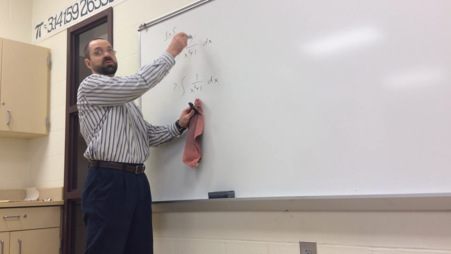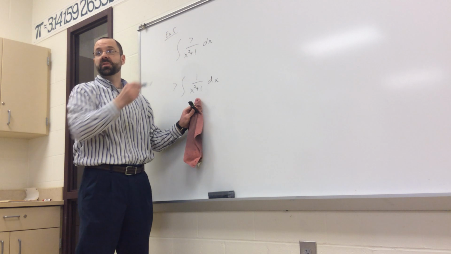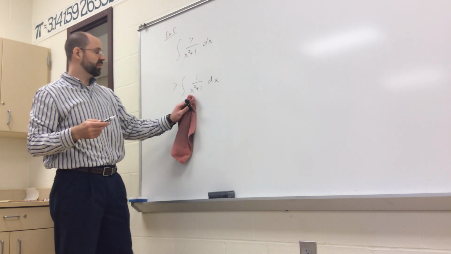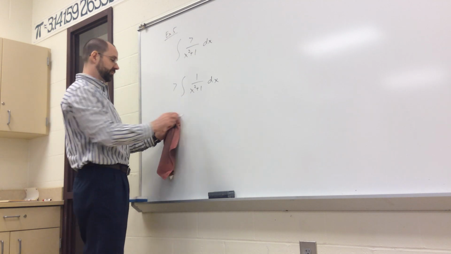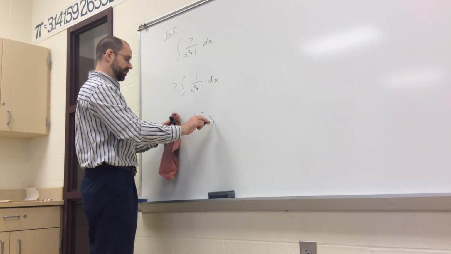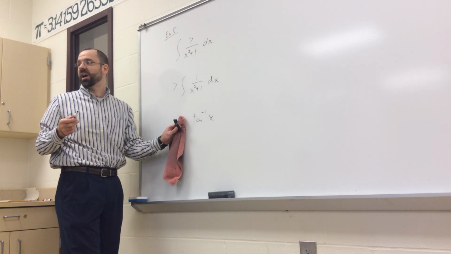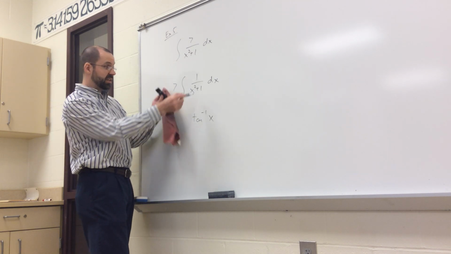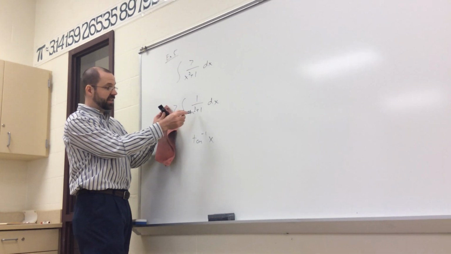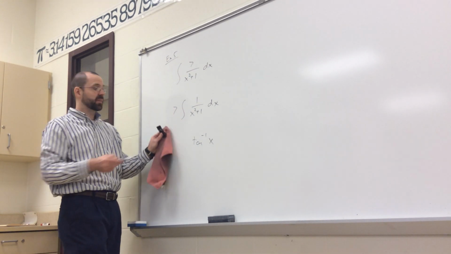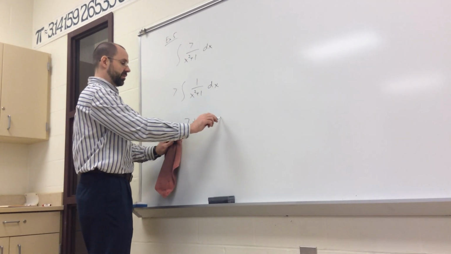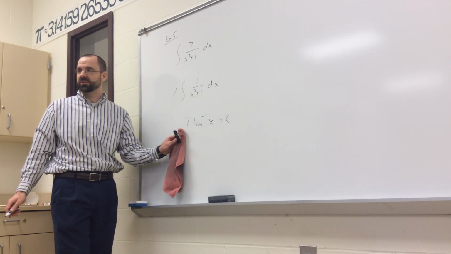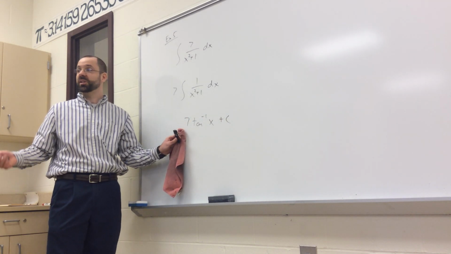So that's back to that u substitution that we needed. We needed there to be an x up there. The integral of this is inverse tangent. So it's easy if you have it memorized, but it's not if you don't. The derivative of inverse tangent is that. Therefore, the antiderivative of that is inverse tangent. 7 comes down, plus c. So that one's annoying if you don't remember that antiderivative, but it's really easy if you do.